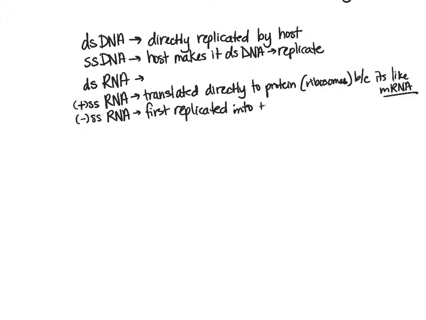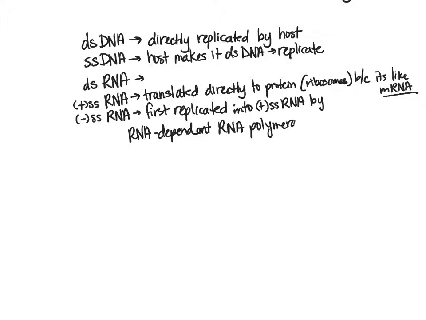Now, if it comes in with a negative single-strand RNA, then it's first replicated into a positive single-strand RNA. And it does this by RNA-dependent RNA polymerase. That's the enzyme name, shortened to RDRP.